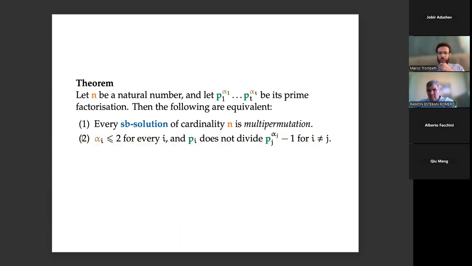And now that I've introduced this concept, I can show you the condition that we need in the previous diagram. So the condition that identifies those green spots in the diagram is this. Take n to be a natural number, consider p1 to the alpha 1, through pt to the alpha t, the prime factorization. In order to describe those green spots in the diagram, you need that your exponent must be less than or equal to 2.